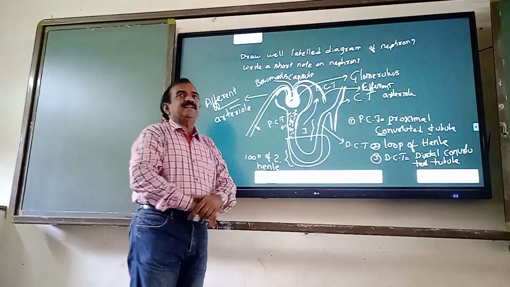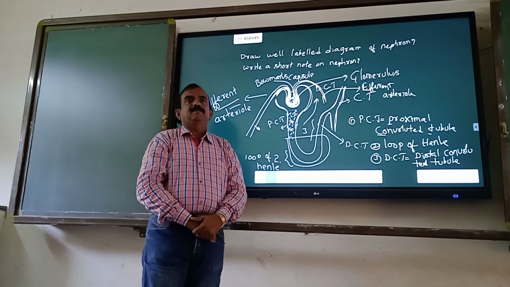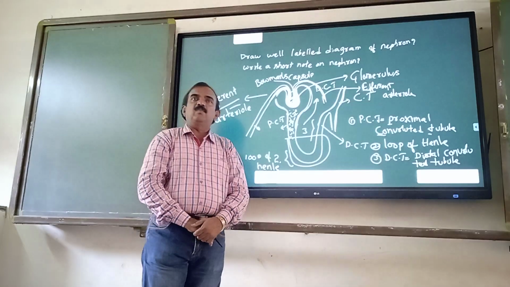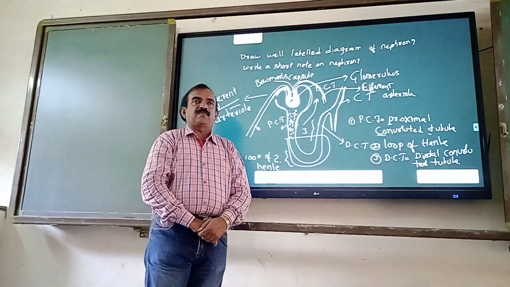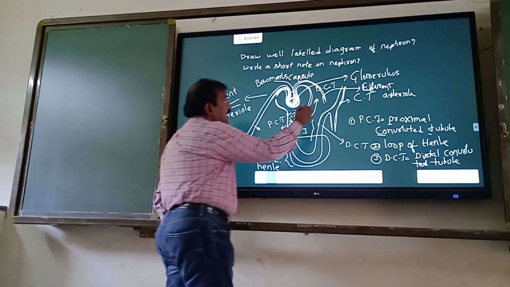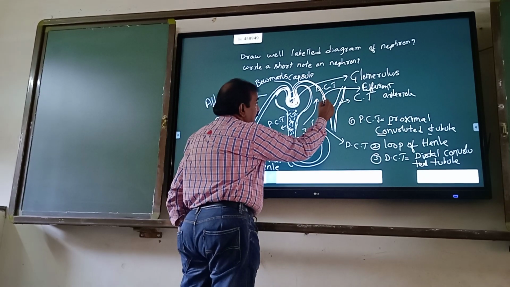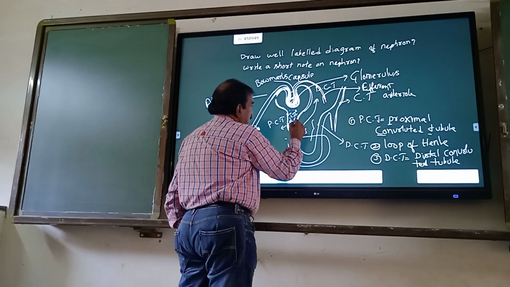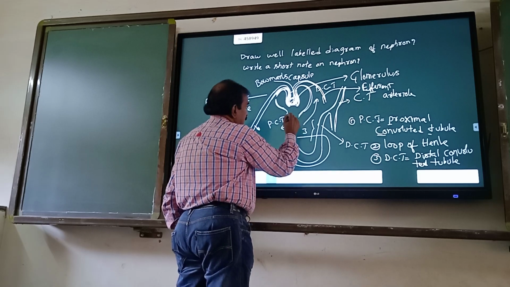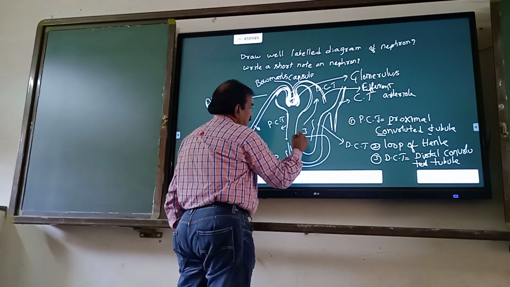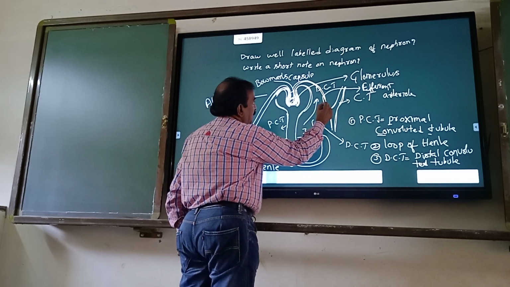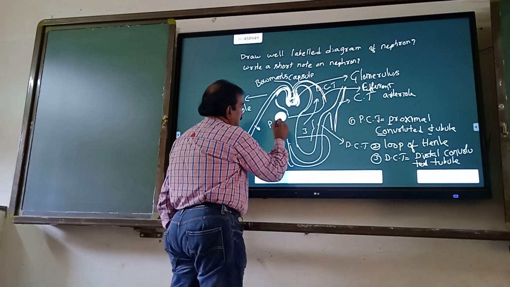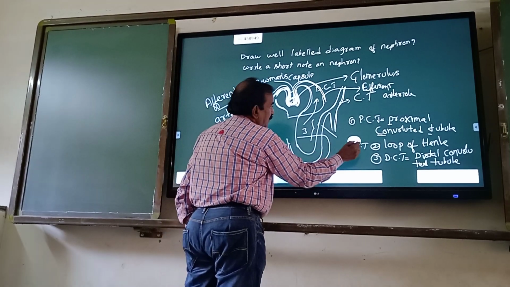Okay. Today we discuss what concept? Please tell me. Draw a well-labeled diagram of the nephron. So here you see, this is the afferent arteriole, and this is the efferent arteriole. It forms a network. I am writing.